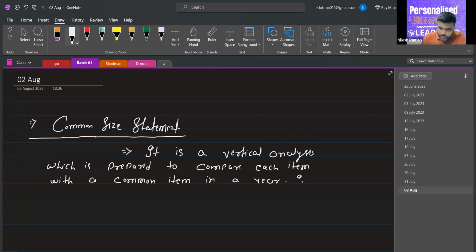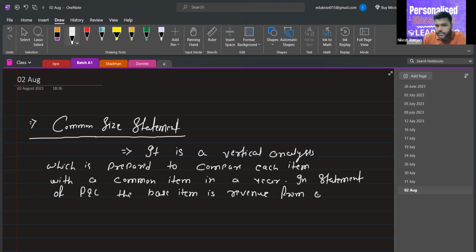So in a statement of profit and loss, the base item is revenue from operation, and in the balance sheet, it is the total of the balance sheet.